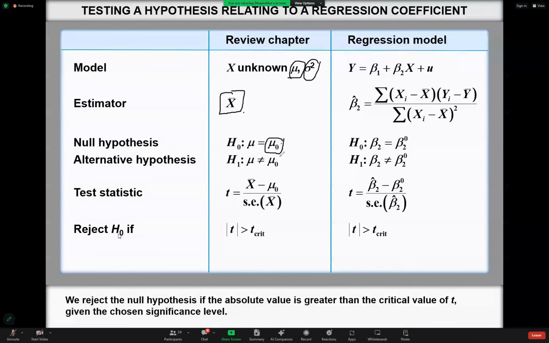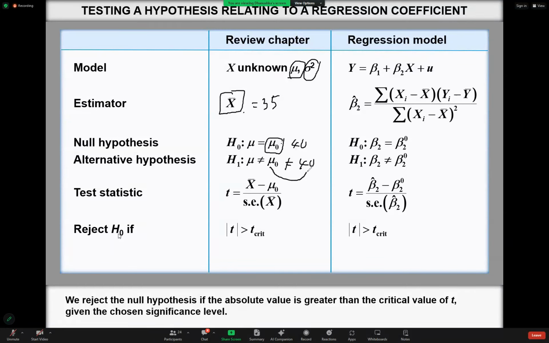Let's say, as an example, we can consider this MFE group as a sample. Let's say the average age is 35 from the sample. Then you want to test whether the population mean is equal to 40 or whether it is not equal to 40.